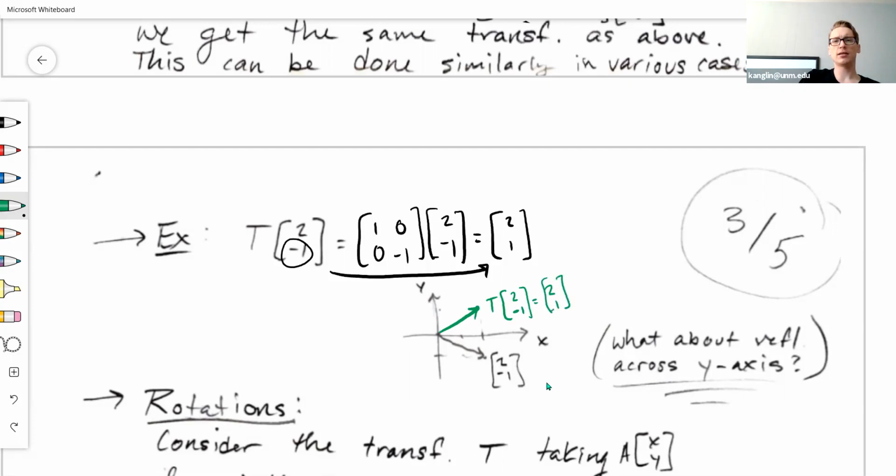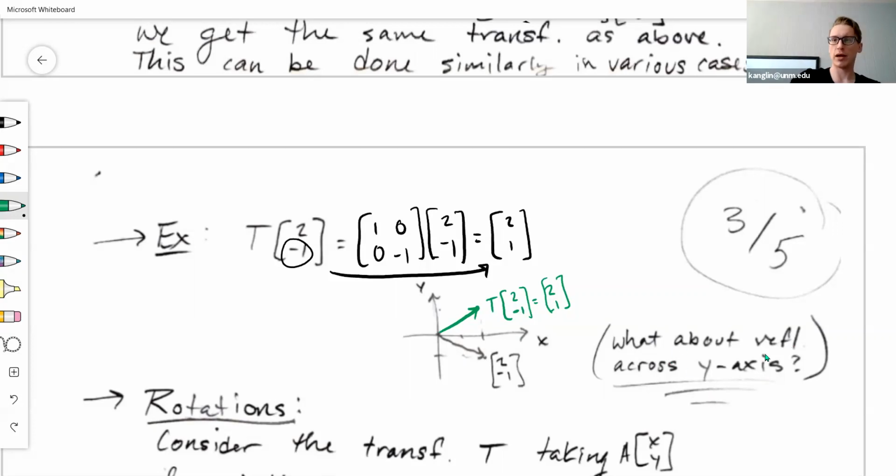So we see that, yeah, it does visually look like all we did was reflect this vector drawn in black across the x-axis to get the image. So that's all T really does. It takes all the points in the plane and flips them to the other side of the x-axis.